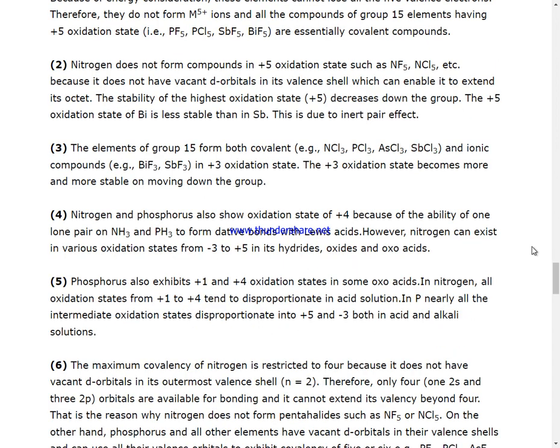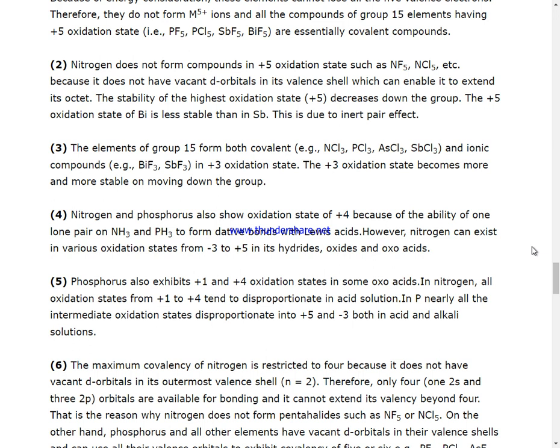The elements of group 15 form both covalent compounds, for example NCl3, PCl3, AsCl3, SbCl3, and ionic compounds, for example BiF3, SbF3, in +3 oxidation state. The +3 oxidation state becomes more and more stable on moving down the group.